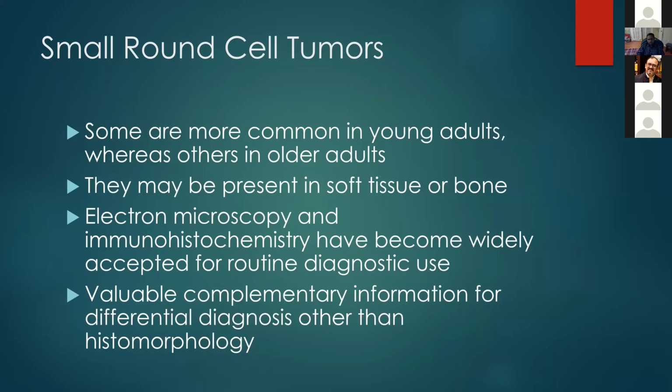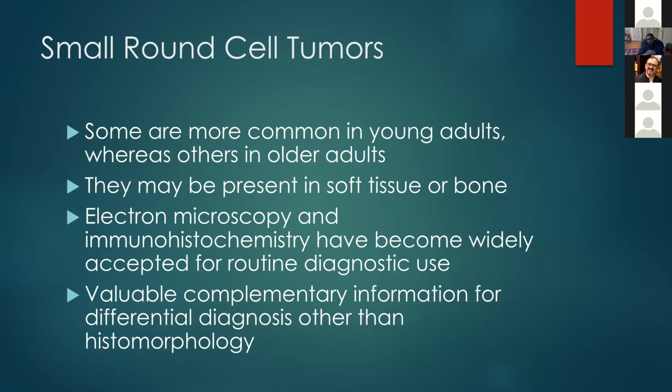We do some electron microscopy on rare cases, or if you want to publish a paper or something, but it is not used for routine diagnosis. Very valuable information can be obtained just from immunohistochemistry. So for example, if you did CD20 and it's positive, you know you're dealing with a B-cell lymphoma. If you did a muscle marker and it's positive, you know you're dealing with a muscle malignancy.